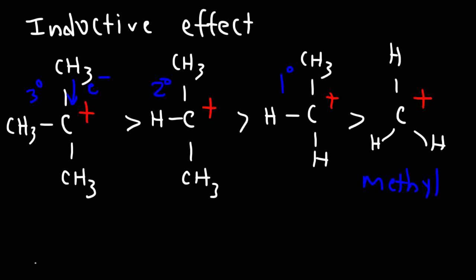Now, there's another way in which you can do so too. A carbon atom with a positive charge has an empty p orbital. And let's draw an adjacent carbon atom that is bonded to a hydrogen.